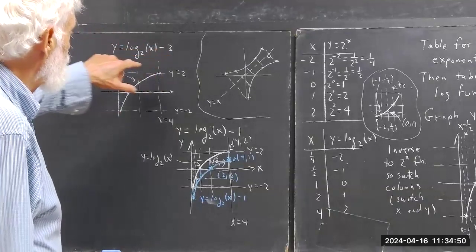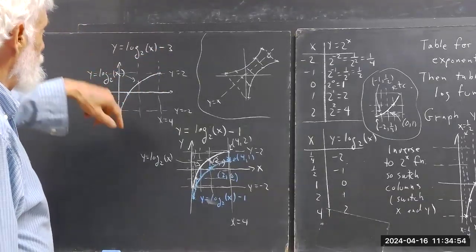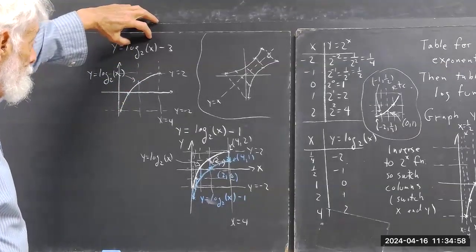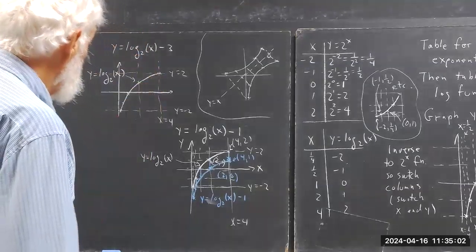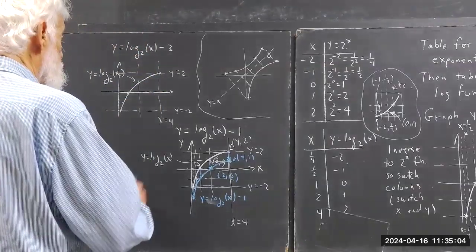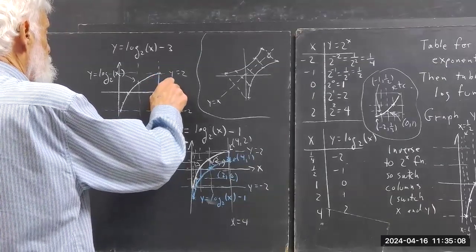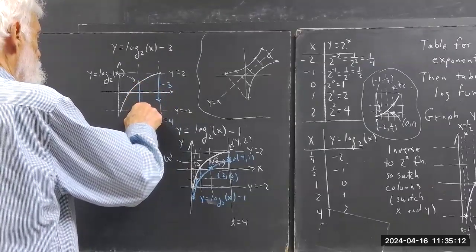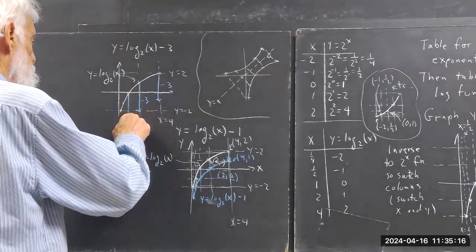If y is log base 2 of x minus 3, then you're going to take whatever the y value is for log base 2 of x, then you're going to lower 3 units. So every point goes 3 units lower. This arrow represents -3. It represents going 3 units lower.